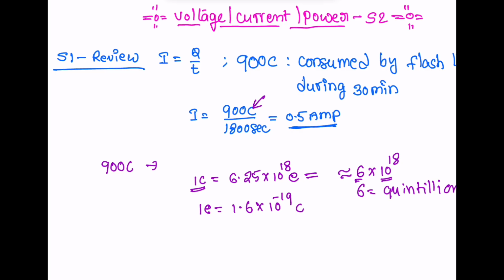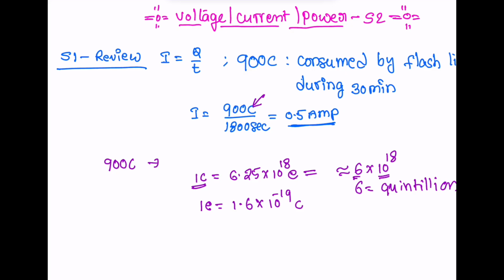Let's say one bulb is there. 1 coulomb of charge passes in 1 second. Meaning for 1 second, 1 coulomb of charge is passing through this bulb, meaning this many electrons pass through this bulb, resulting in 1 ampere current.